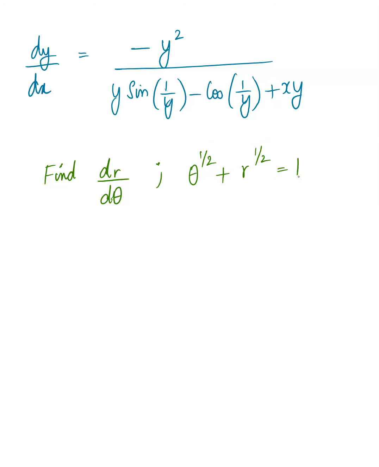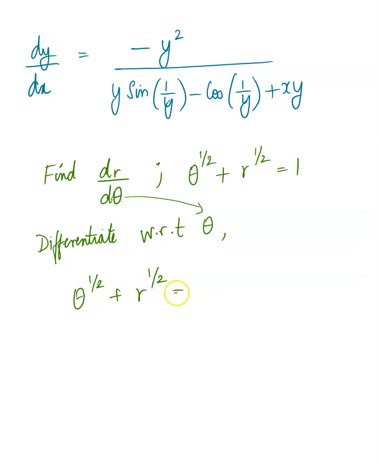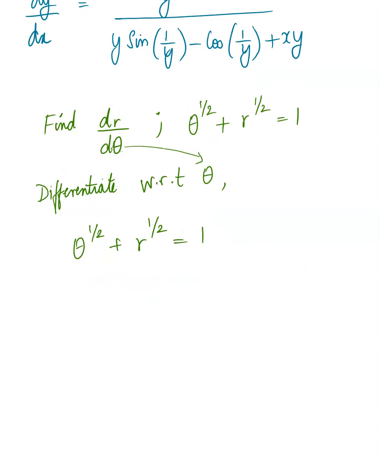It's not x and y, it's r and theta, and so we need to differentiate with respect to theta from the denominator. So theta is good. R is a function of theta. So wherever r is, you'll have to remember to do dr over d theta. And that's also the big clue because you're trying to find dr over d theta.